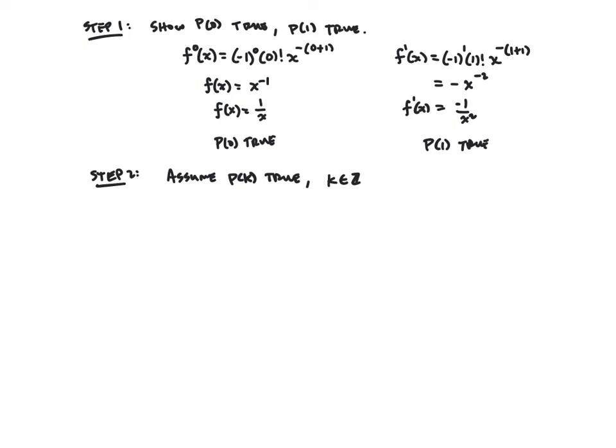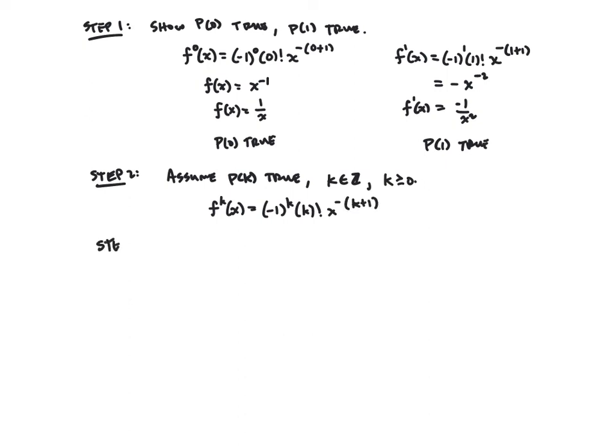Oops, I didn't want positive integers, such that k is greater than or equal to 0. So that would mean then that the kth derivative of 1 over x would be negative 1 to the k factorial, x to the negative k plus 1.